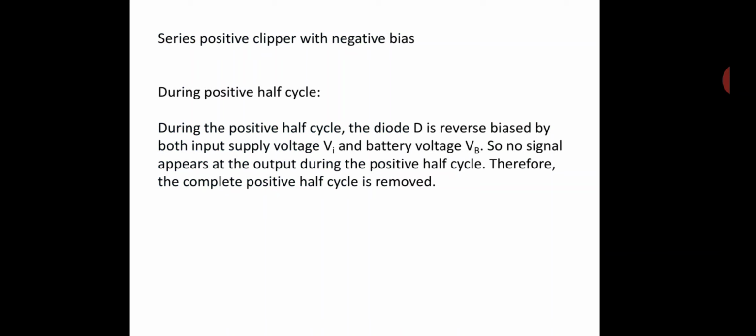The first one is the series positive clipper with negative bias. It means a diode is connected in series, so it is called a series clipper. Positive means it cuts the positive portion of the input supply. With negative bias means the battery is connected to the negative terminal of the diode.